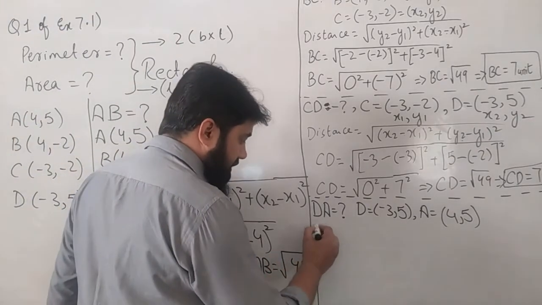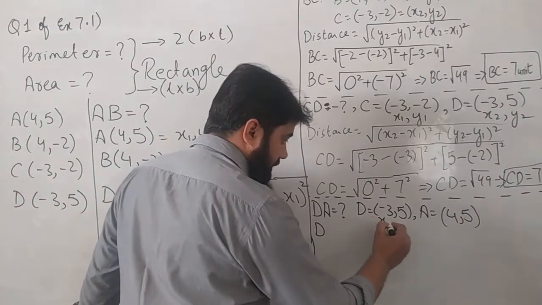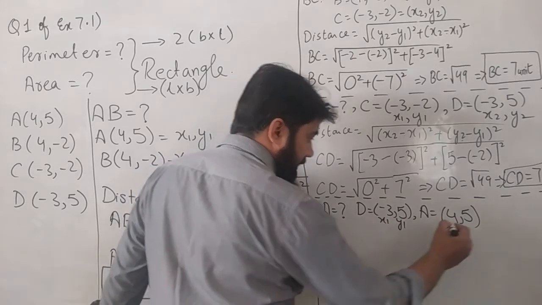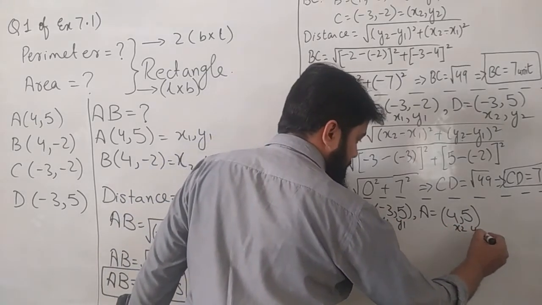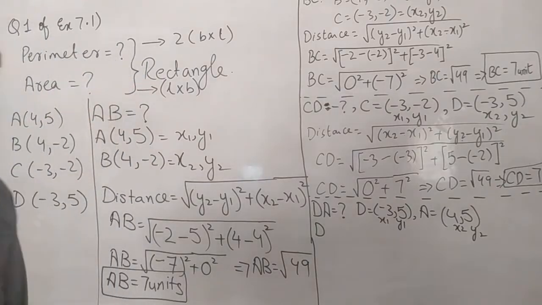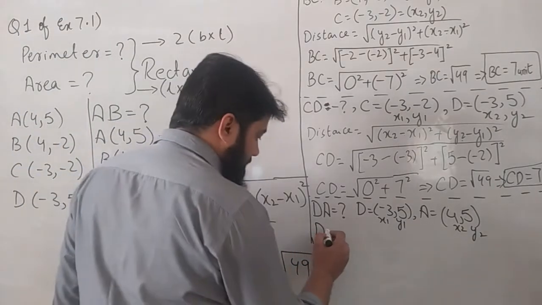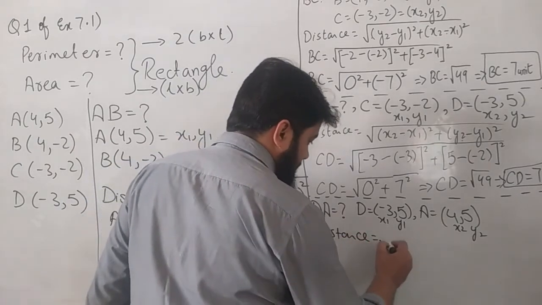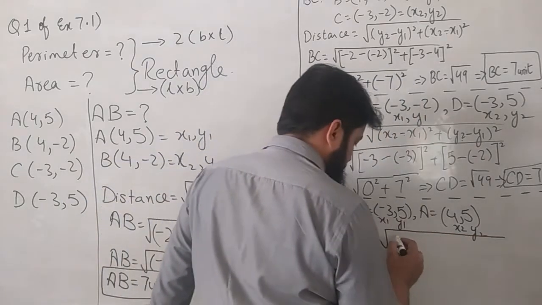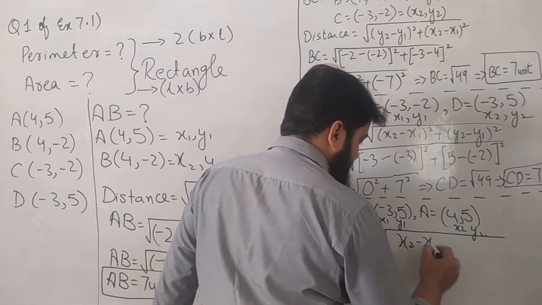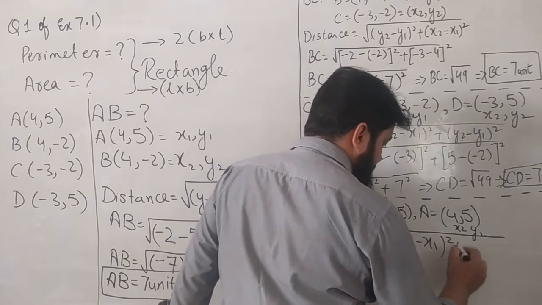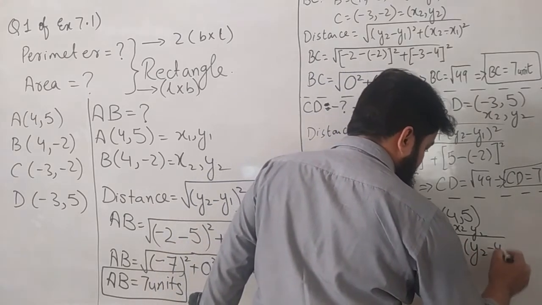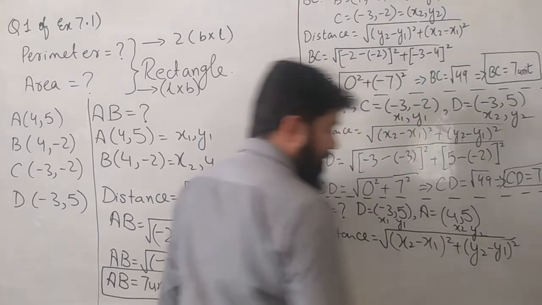Writing my distance formula: x1, y1, x2, y2. Okay, so my distance formula is under root x2 minus x1 whole square plus y2 minus y1 whole square.